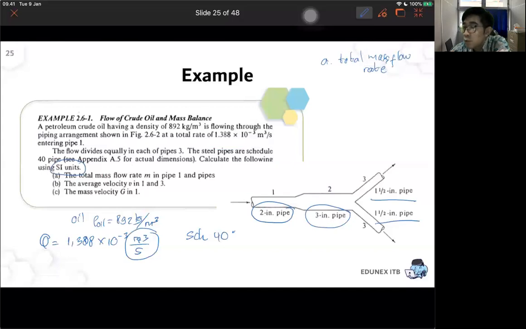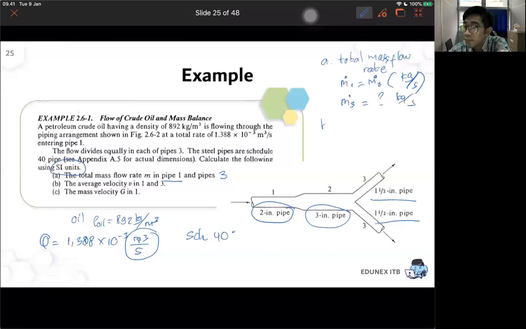So you need to calculate mass flow rate, for example, at point 1 and at point 2. How much? This is in kilograms per second. And then mass flow rate at point 3. How much? In kilograms per second.